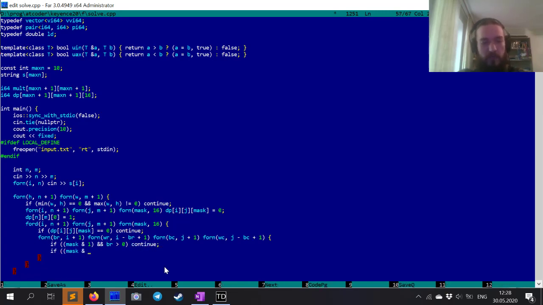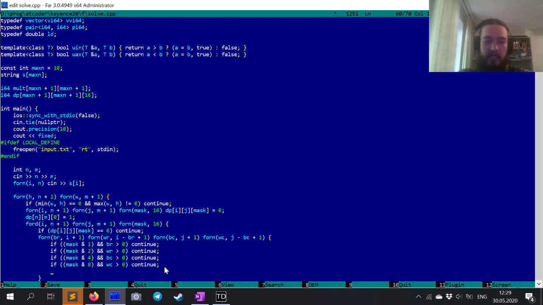The same goes for white rows, black columns, and white columns. Right, so that ensures that we don't do anything that we are forbidden to.